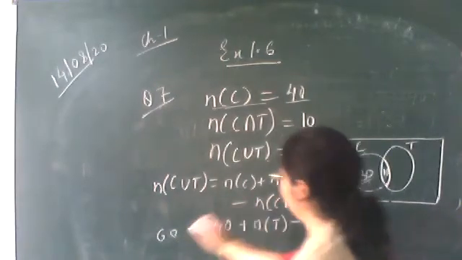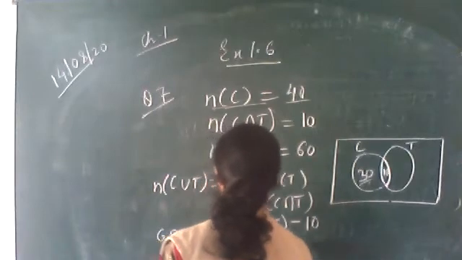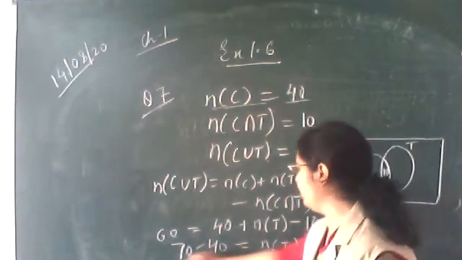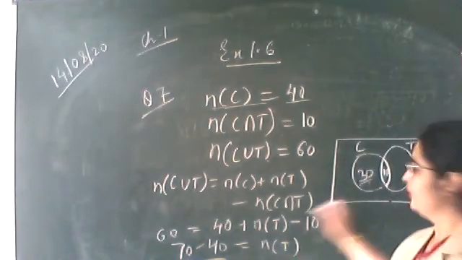Now minus 10 will go here: 70 minus 40 is equal to n of T. Is it visible? That means the number of people who like tennis is 30. Clear?